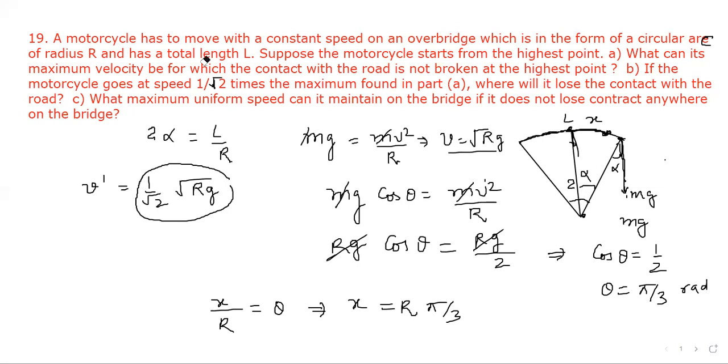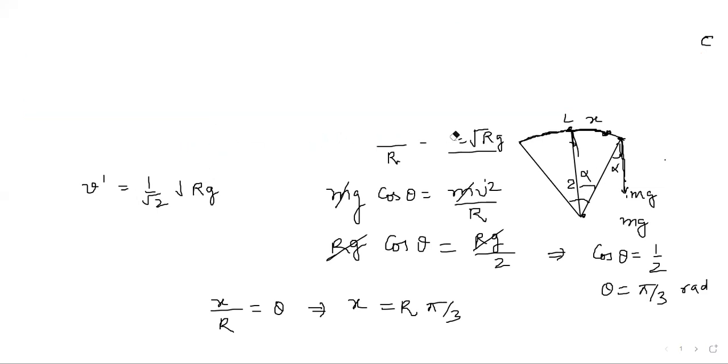Now, we know that arc upon radius, L upon R, equals total angle, 2 alpha. So we can find alpha from here. Alpha will be equal to L upon 2R.